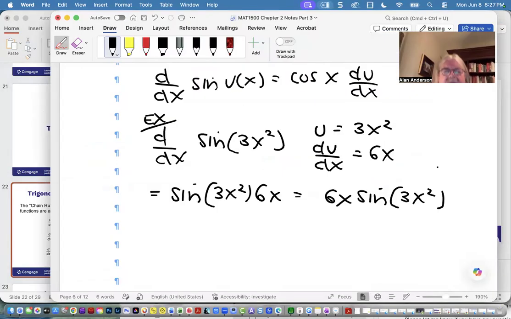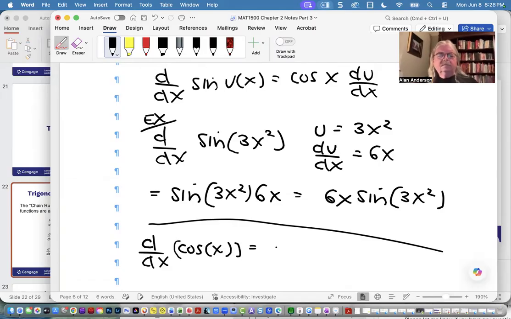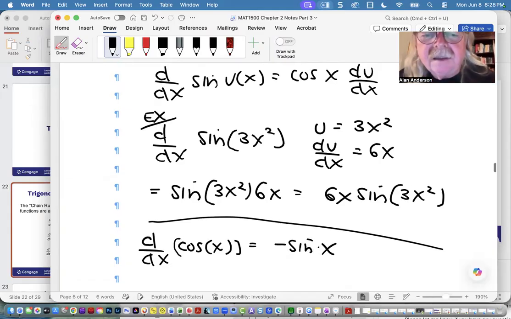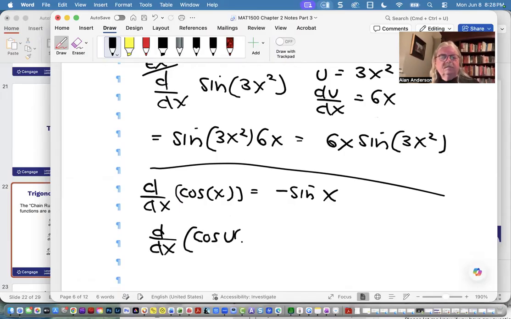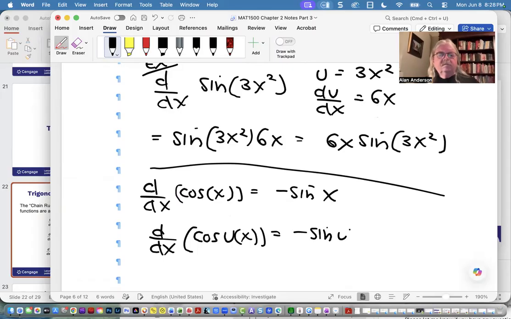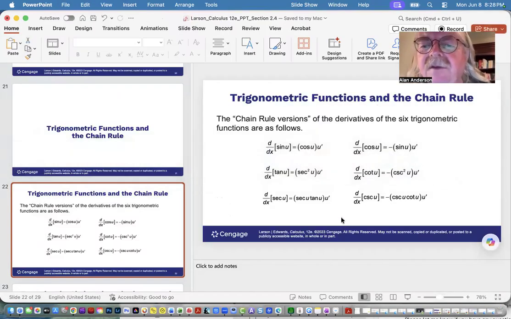You might remember, for example, minus sine x. So therefore, that would be the result of taking the derivative of cosine of u of x.